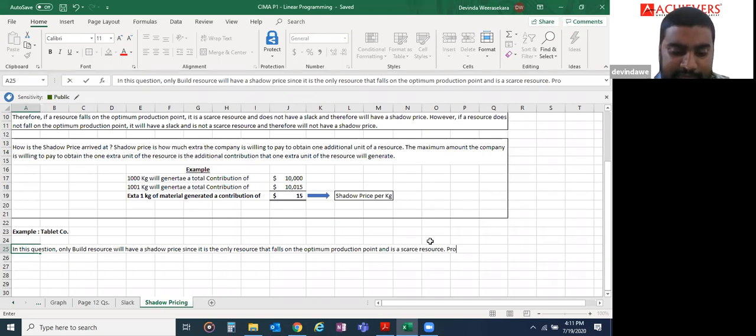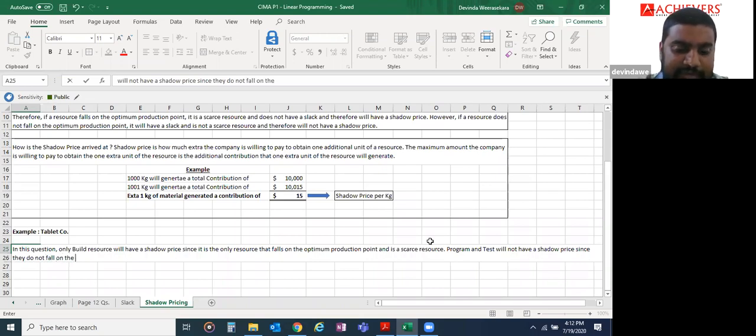Clear? Program and test will not have a shadow price since they do not fall on the optimum production point and are not scarce resources.